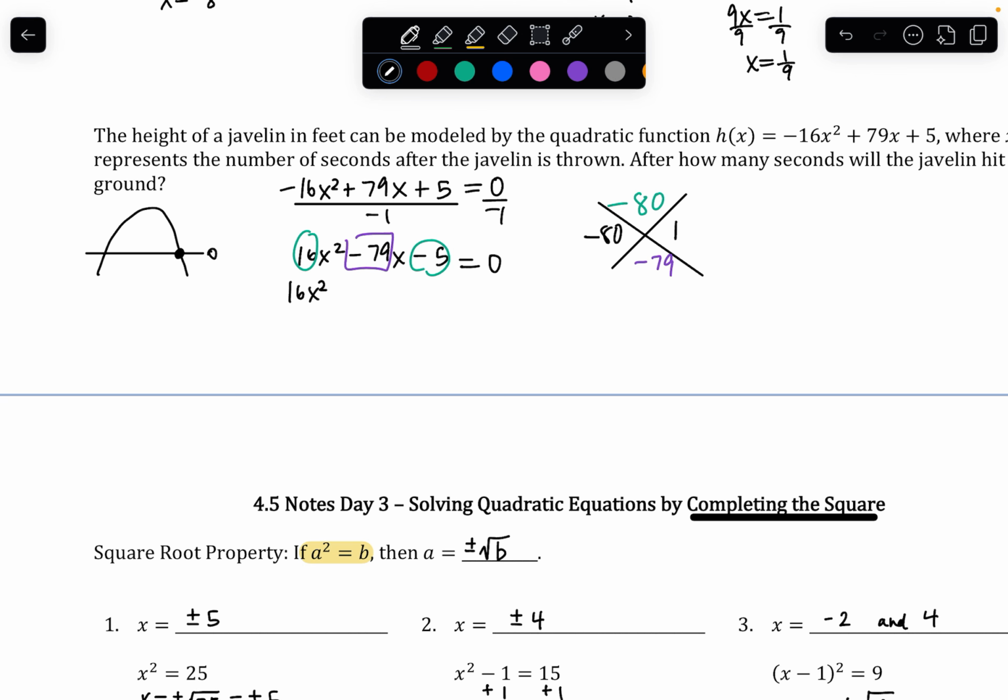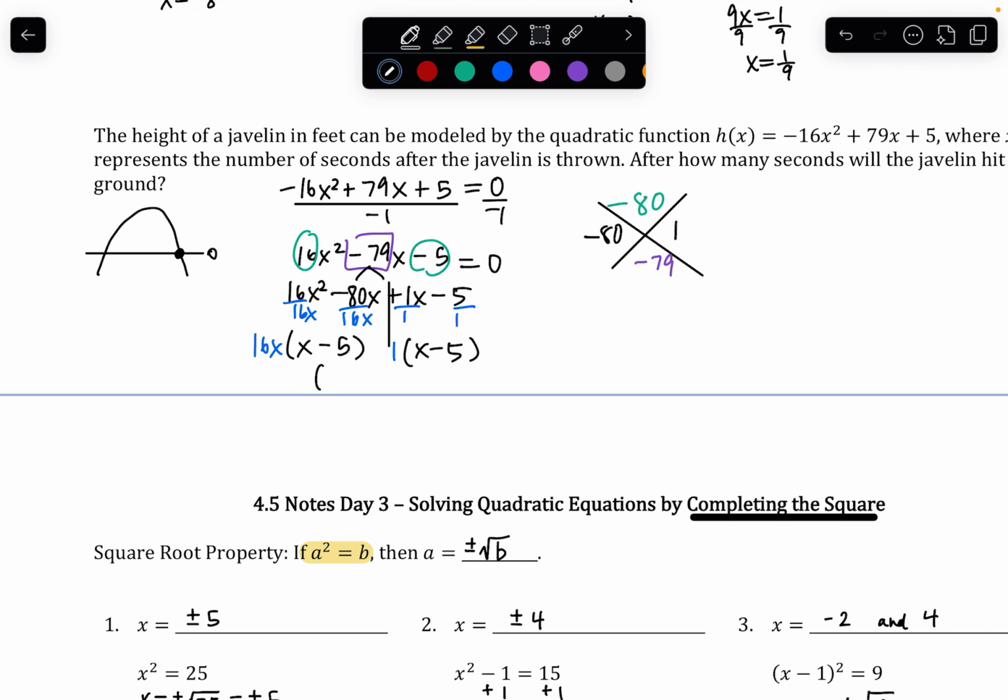And so when I split the middle term into those two numbers, we can factor by grouping. Okay, and so this first set can be divided by 16 and an x, which leaves me with an x minus 5. The second pair doesn't have anything but a 1.